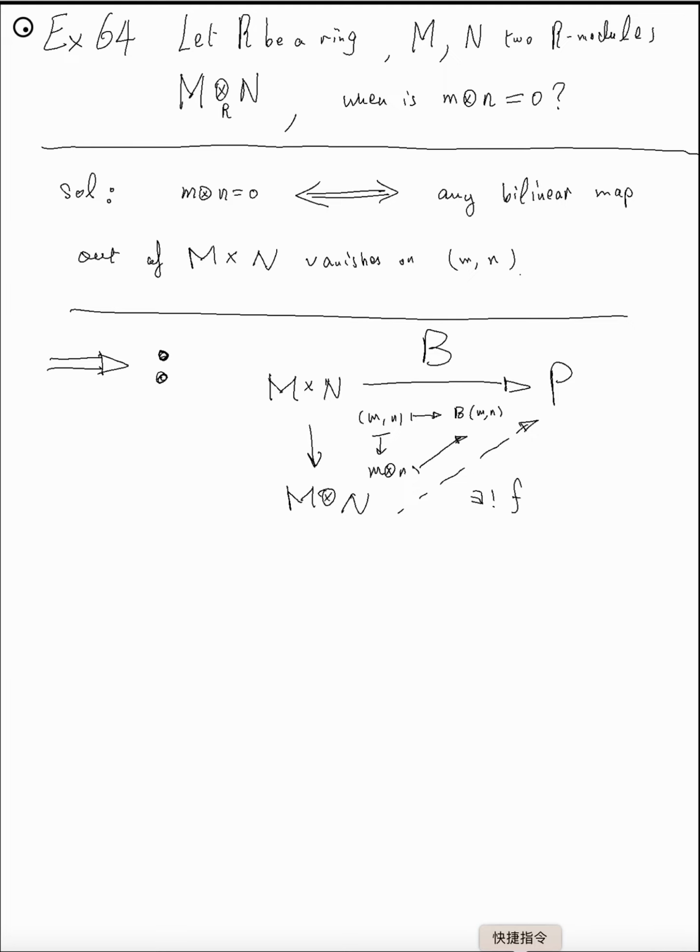This is the universal property. So if M tensor N is already 0, then this tells you that.